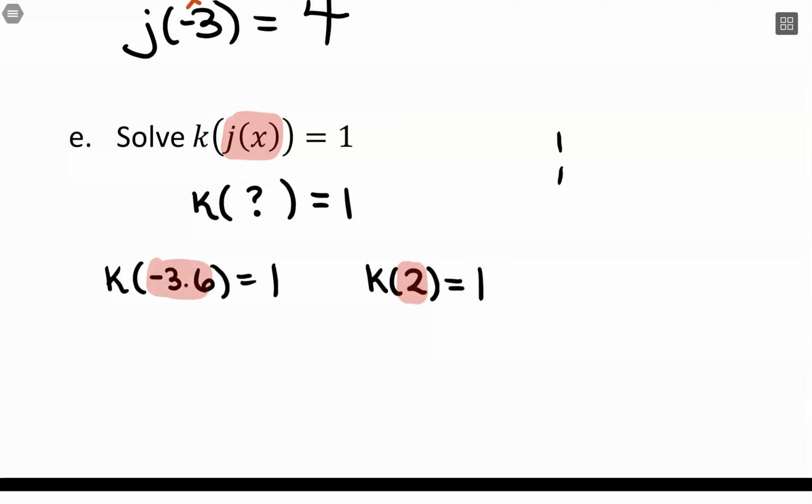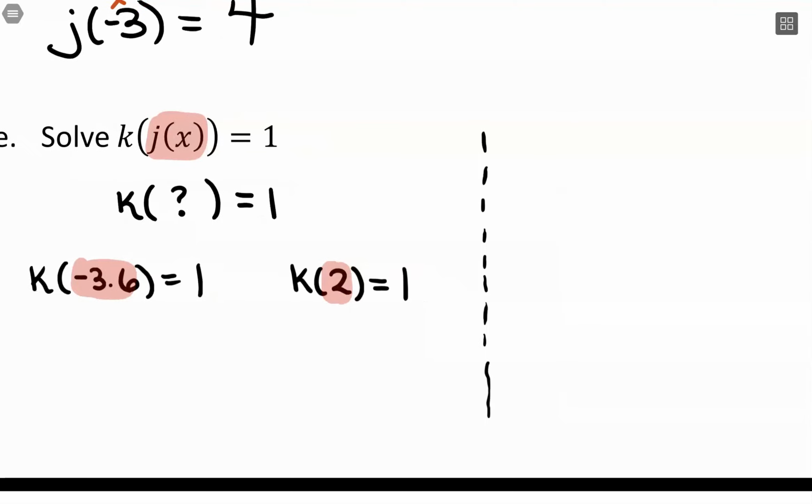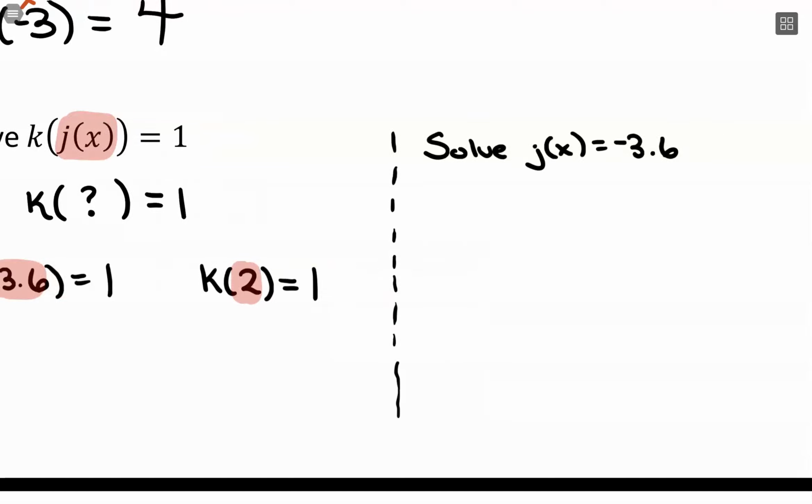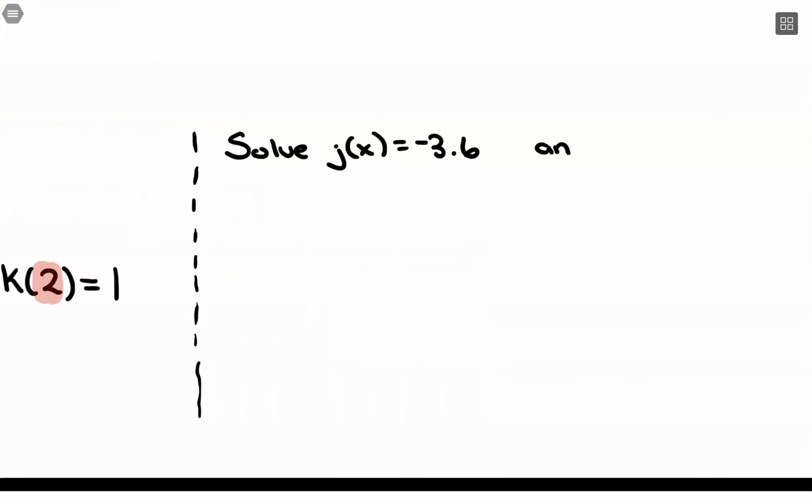So we create this second part of the question, which is really at the heart of this question: where does j of x equal negative 3.6, and where does j of x equal positive 2. What we're going to solve from this is the x coordinates where we see these outputs of negative 3.6 and positive 2.